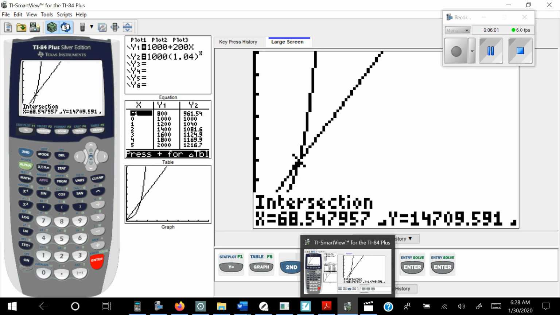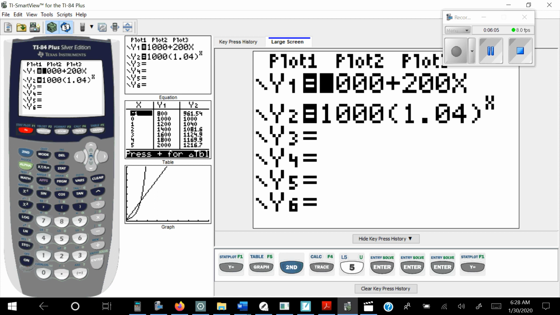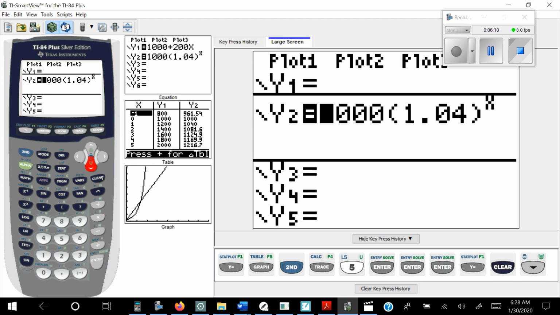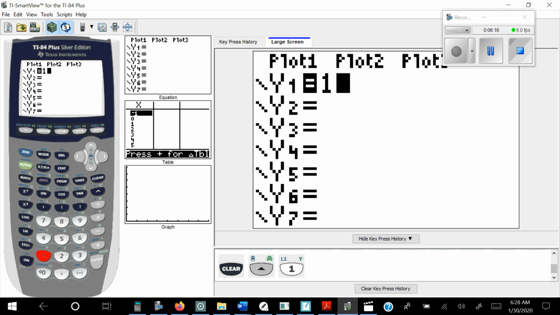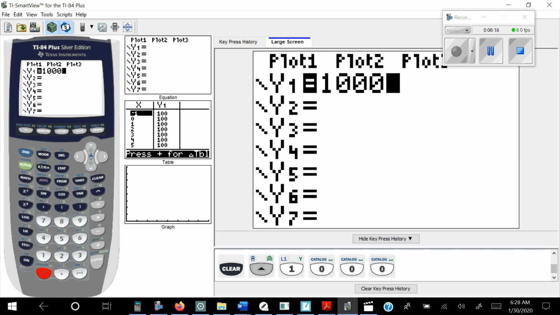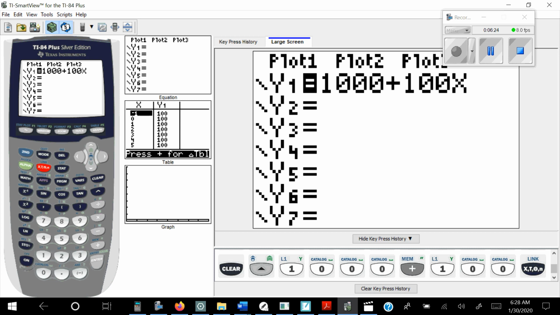All right. So I'm going to start off with going to y equals. And I'm going to hit clear to clear this out. And I'm going to type in both of the functions. So the first function was $1,000 plus 100 times x for the t here.